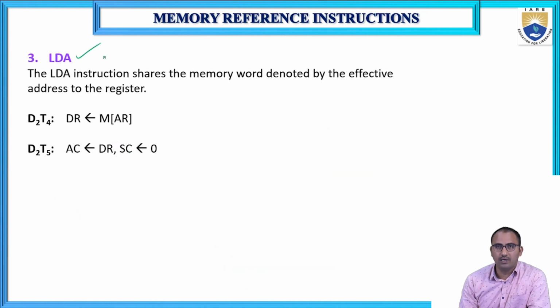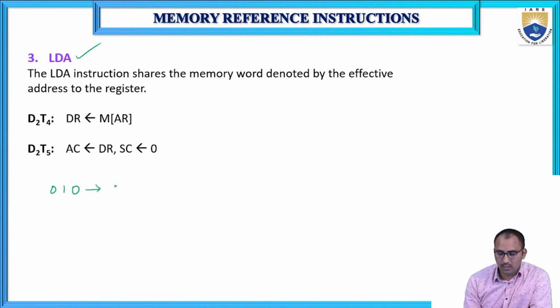So the next one is load accumulator. That means this is 0, 1, 0, corresponding to D2. During this D2, it performs LDA, load accumulator.